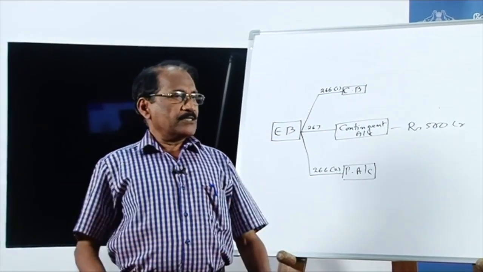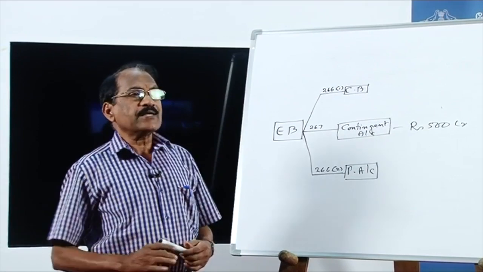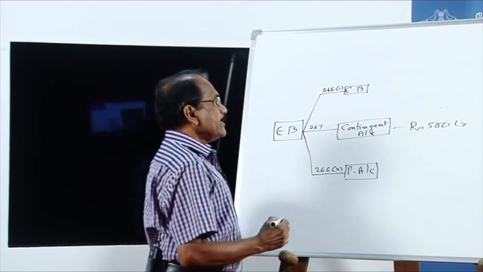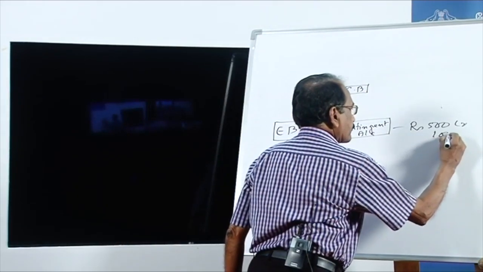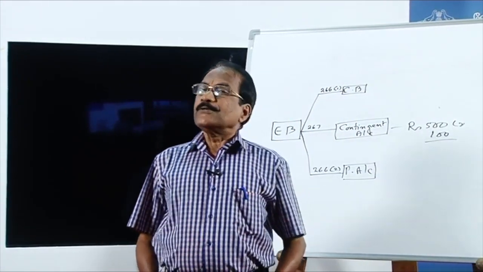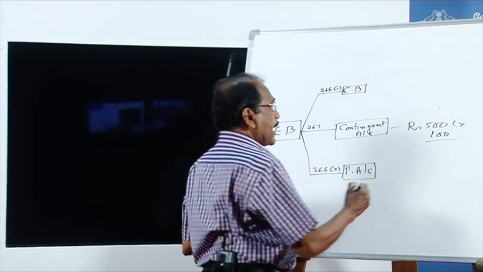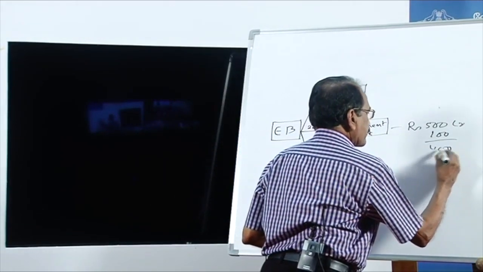For this time, suppose because of the urgency, some 100 crores of rupees is withdrawn to meet the contingency. 100 crores of rupees is withdrawn without the permission of the Parliament to meet the contingency expenditures. For the time being, balance is only 400 crores of rupees.